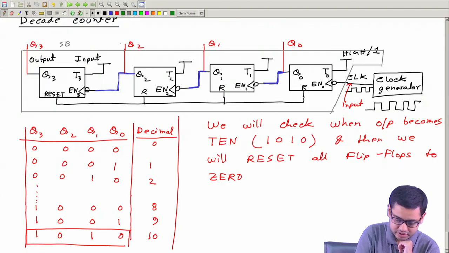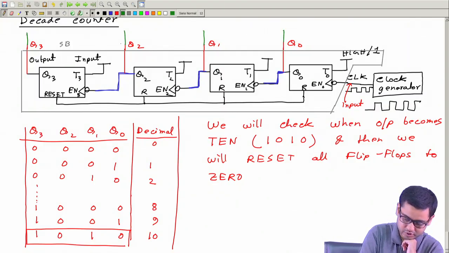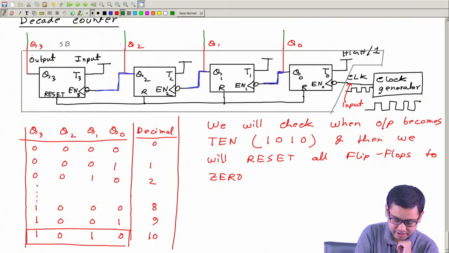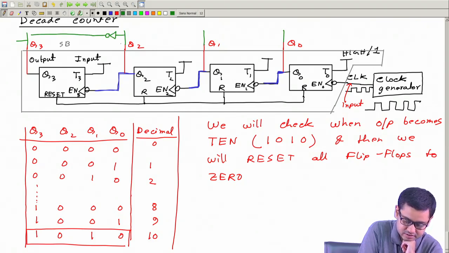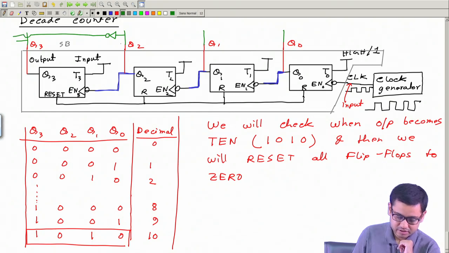Okay, so this is Q. So I will have a logic circuit which is like so Q3 should be 1, Q0 should be 0. So let me put an inverter, and then I take this out.